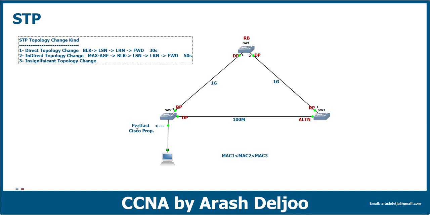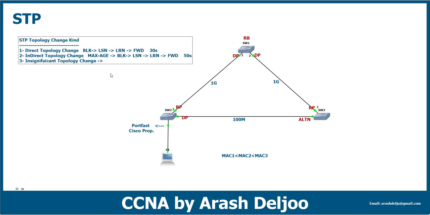Because of that you can configure this interface as an insignificant topology change, changing from block to forward. The switch cannot understand automatically that this interface is connected to one PC. You need to configure this interface as an insignificant topology change interface.